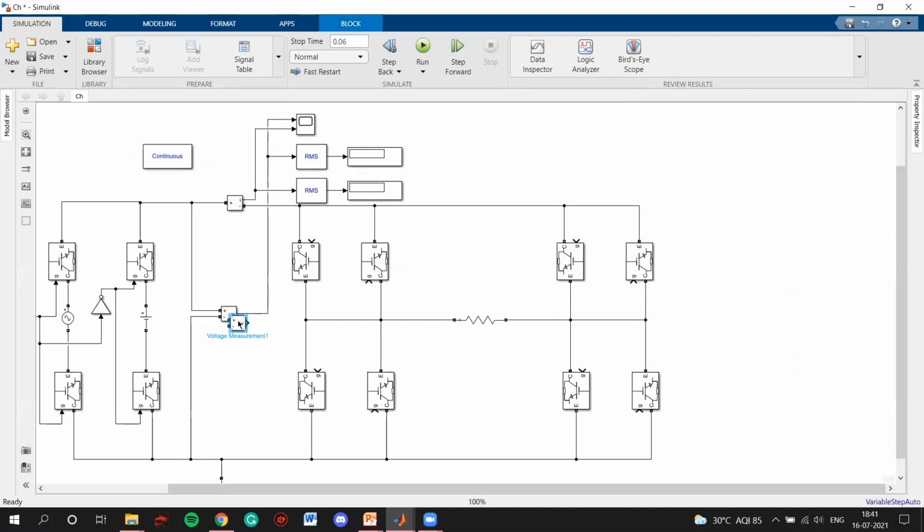Let's take this voltage measurement across this. Take one current measurement block. Right.